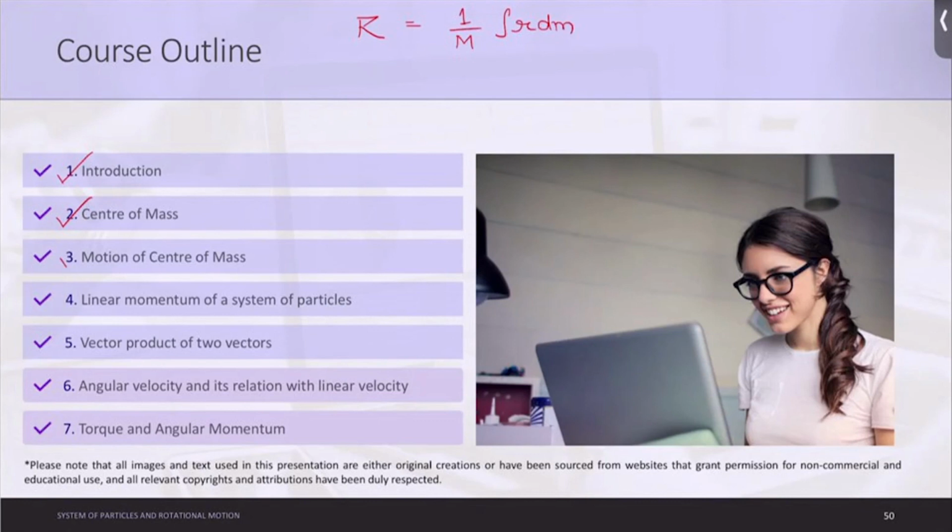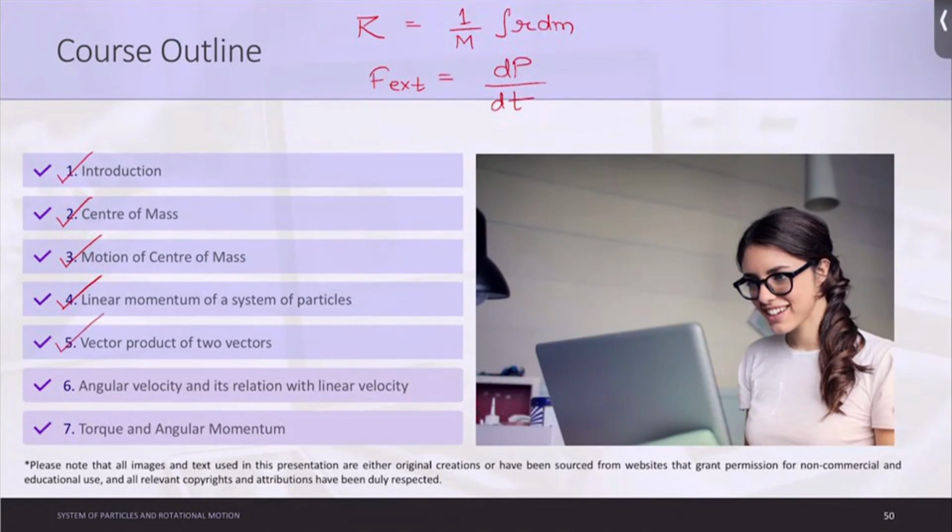Then in the concept of motion of center of mass, we finally got F external is basically equal to dp by dt. So in the fourth concept, we got F external equal to dp by dt. And then in the next concept, we got that if force external is equal to 0, then dp by dt is 0, which can be said as P is constant, and hence the linear momentum of the system is conserved.